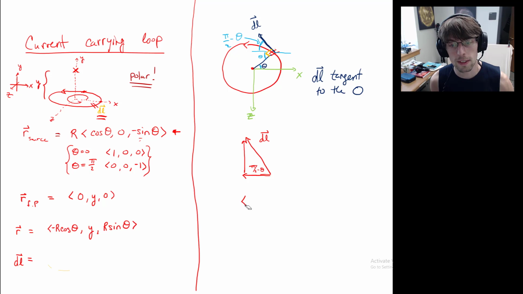So the direction of dl is given by negative cosine of pi over 2 minus theta, comma 0. And then we're in the negative z direction, so I better put sine of pi over 2 minus theta. Again, we're coming up with an expression for dl, so now I'm just going to put dl here.